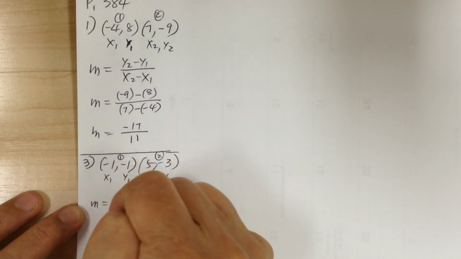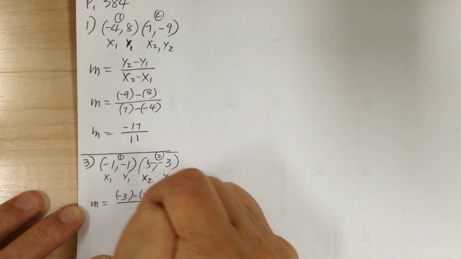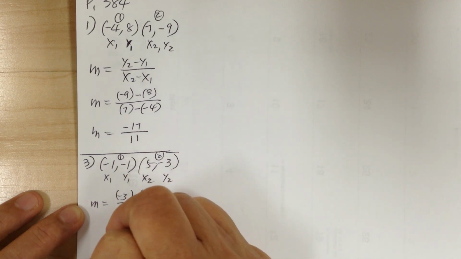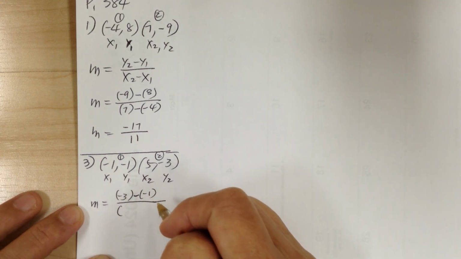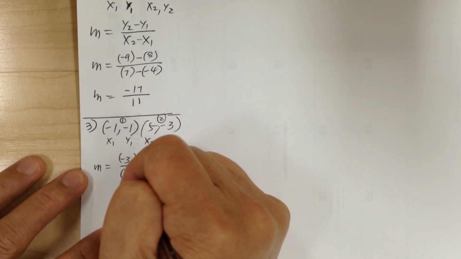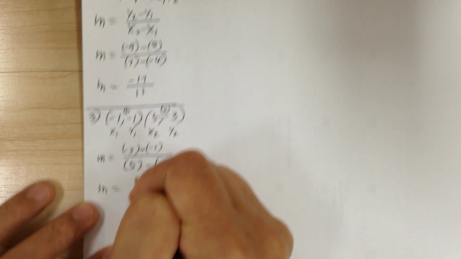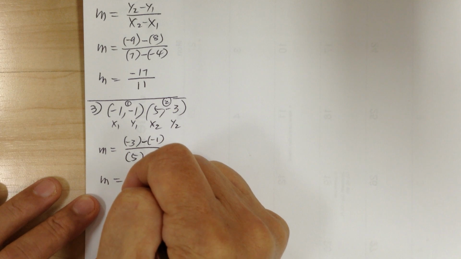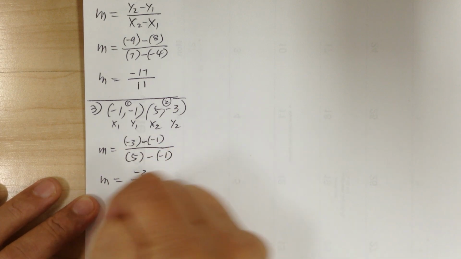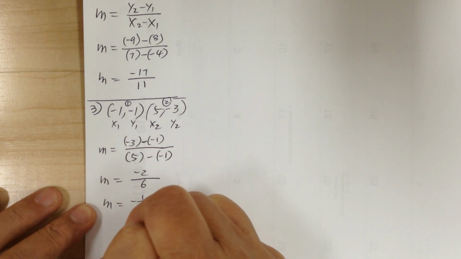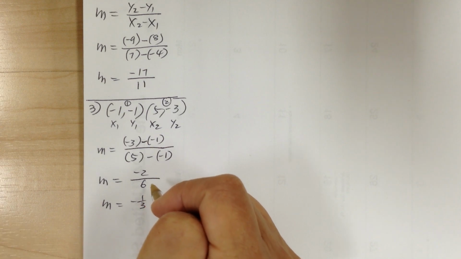So it'd be y2 minus y1. Again, whatever you substitute, put in parentheses, it helps you to cut down on careless mistakes, over x2 minus x1. So slope will equal negative 2 over 6, so m equals negative 1 over 3.